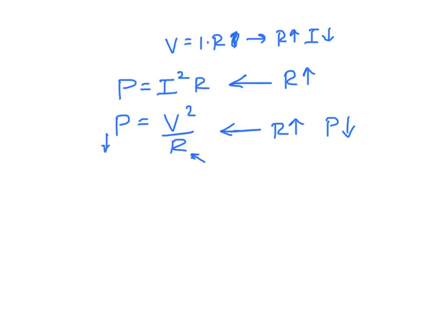So if R goes up in this formula, I has to go down because of Ohm's law by the same factor, and I is squared. So if R increases, P goes down because I goes down by the square of the change of R. So these are consistent, even though it doesn't look exactly like that. They are consistent with each other. Okay? That's all. Good luck.